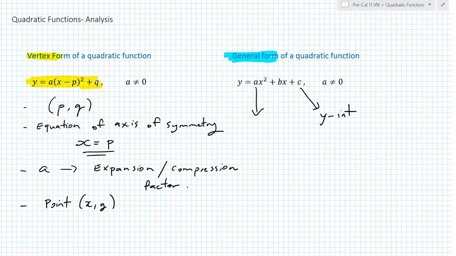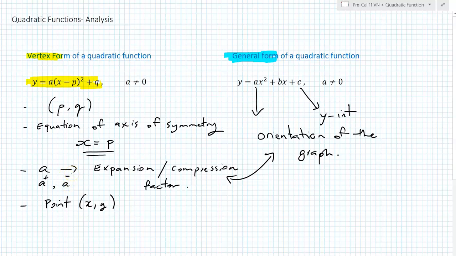It's the same a as this one, so I should include that in both. So not only the expansion or compression factor, but if it's positive or negative, what happens to the graph?